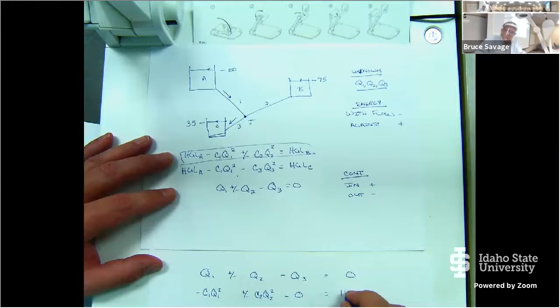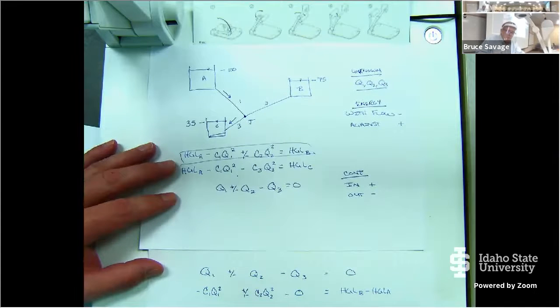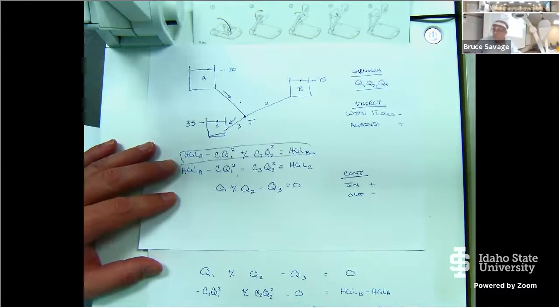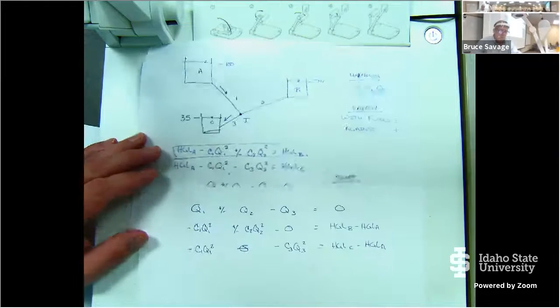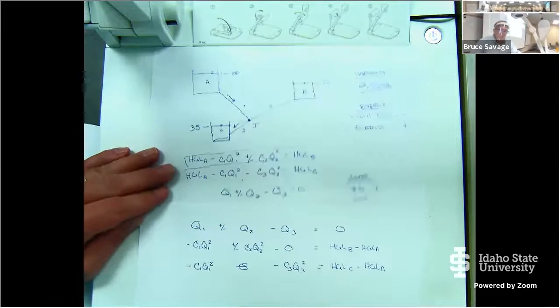That equals the hydraulic grade line at B minus the hydraulic grade line at A. And the next equation: negative C sub 1 Q sub 1 squared, there's nothing for Q sub 2, minus C sub 3 times Q sub 3 squared is equal to the hydraulic grade line at C minus the hydraulic grade line at A. I'm sorry, I didn't put that up there. So there are my three equations, rewritten.